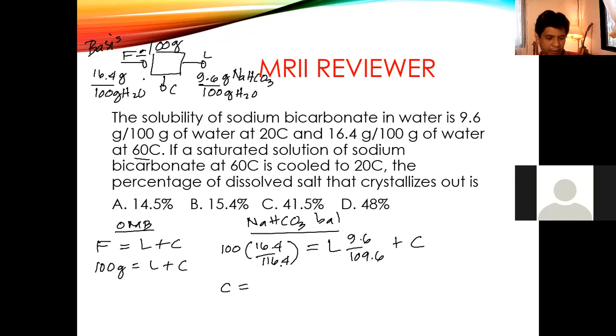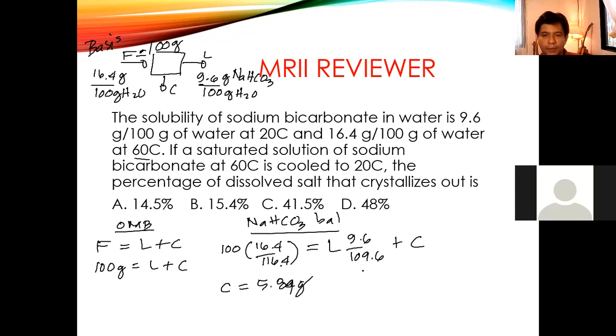X we won't use. For Y, what do you get for C? Yep, 5.84. Very good. So C is 5.84 grams.